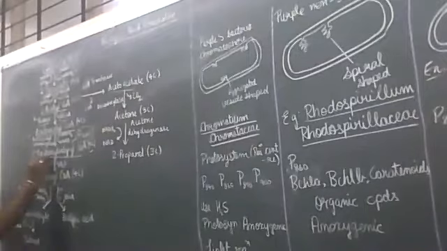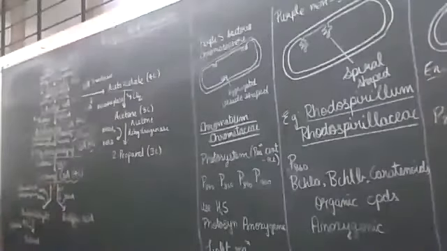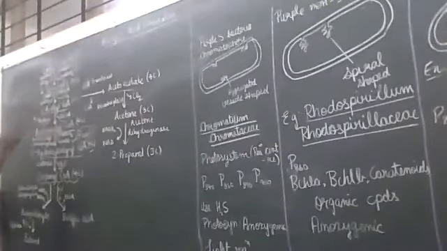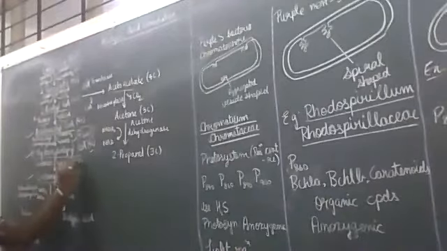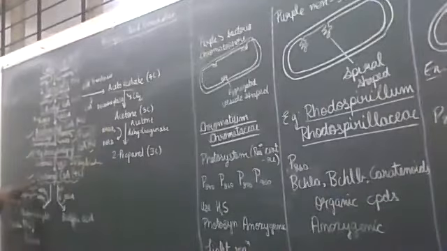Beta hydroxybutyryl-CoA, by removal of one molecule of water, becomes crotonyl-CoA. So repeat again: 2 molecules of acetyl-CoA, acetoacetyl-CoA, beta hydroxybutyryl-CoA, crotonyl-CoA. First reduction, then dehydration. Dehydration occurs to form crotonyl-CoA.